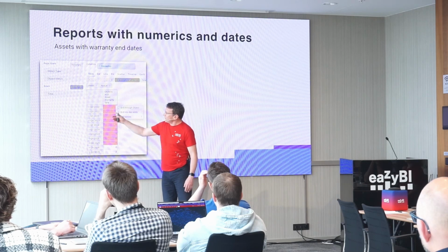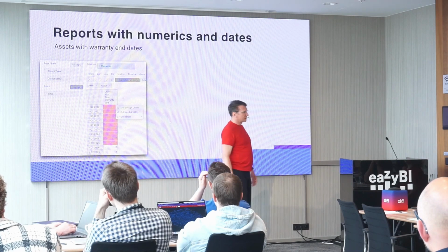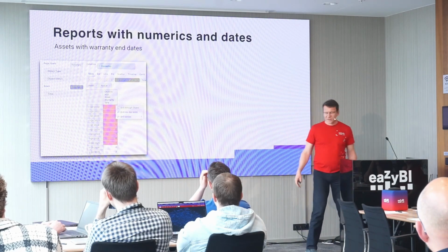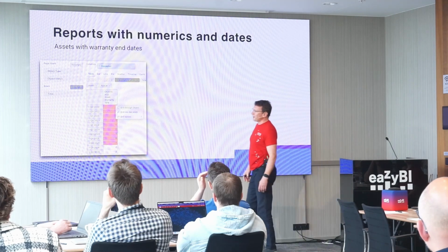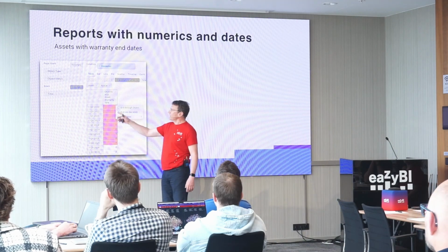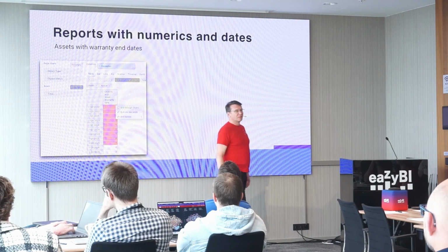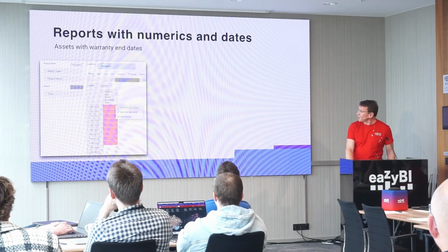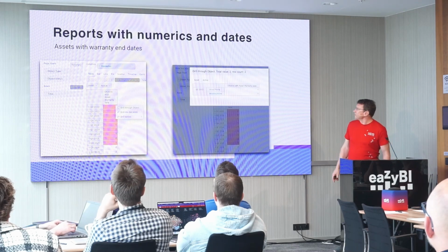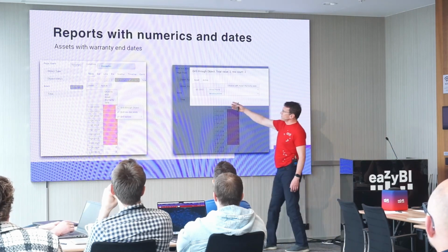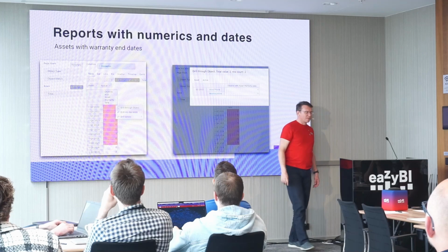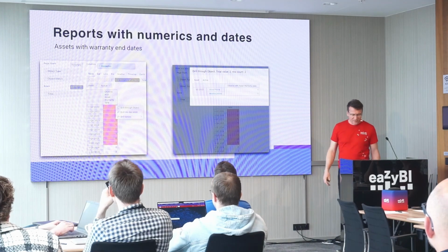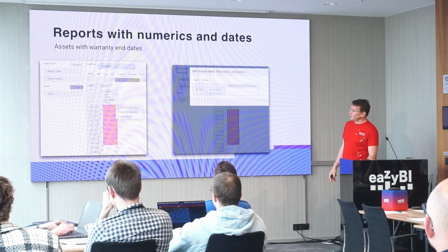I even applied color self-formatting to show all the periods that have passed already, and then you can see the number of assets that have expired warranty dates. You can drill through to the objects and see the list, for instance, of objects whose warranty expired in a specific quarter.